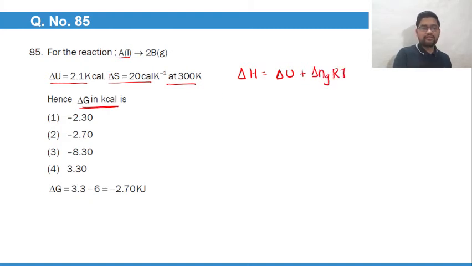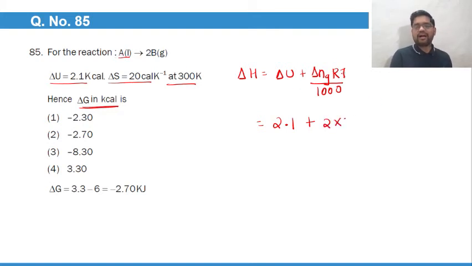Since over here it is in kilocalorie, R will also be in calories, so we'll be dividing this by 1000. So delta U is 2.1 plus delta Ng. So 2 minus 0 is 2.